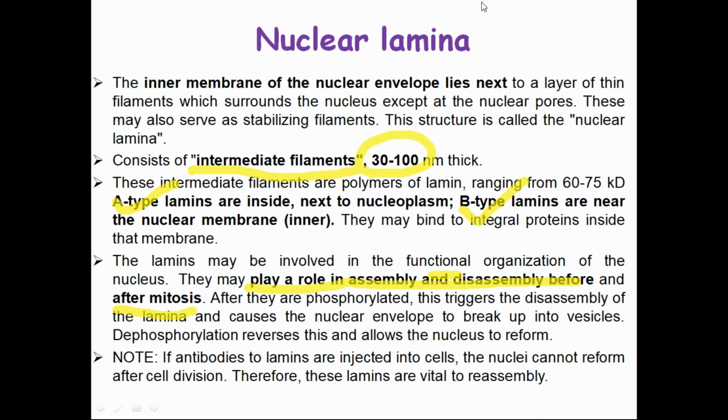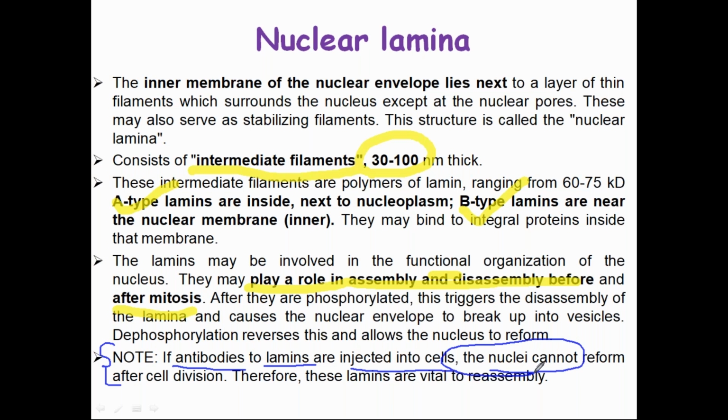Now here, there is a 4-mark question which I have written here in a note. Now see, if antibodies to lamins are injected into the cell, the nuclei cannot reform.